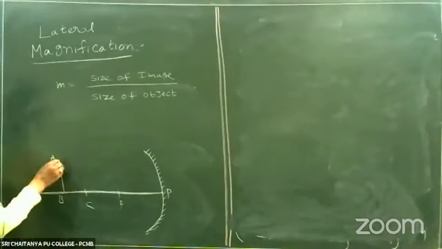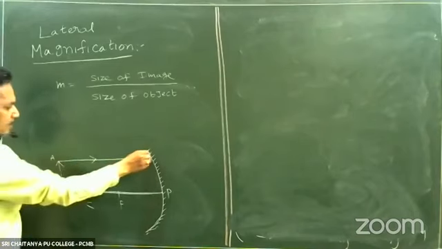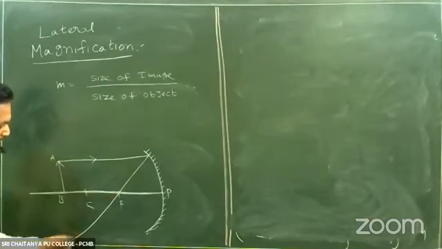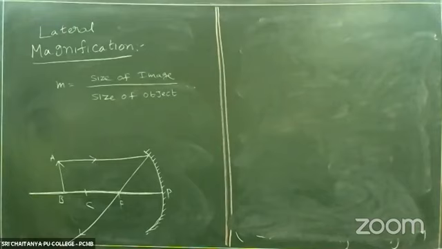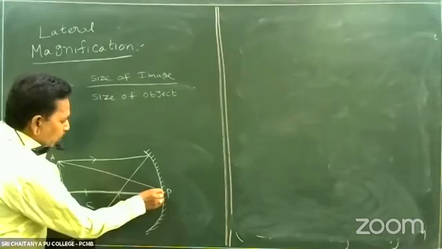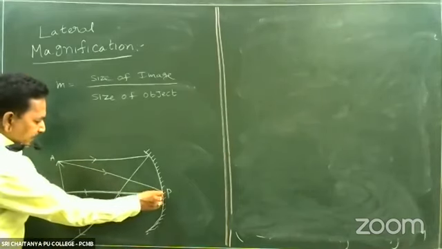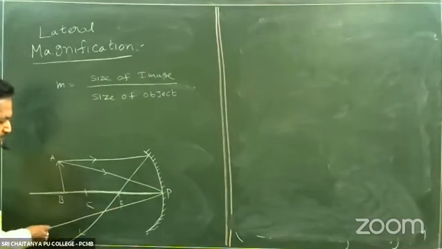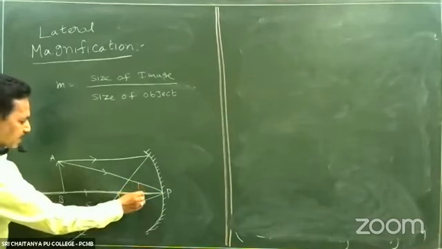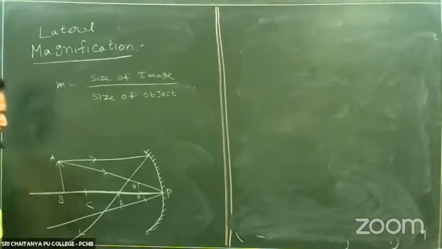So one light ray parallel to the principal axis passes through the principal focus. Another light ray falling at the pole, the second light ray, after reflection, makes the same angle, angle of incidence equal to angle of reflection.